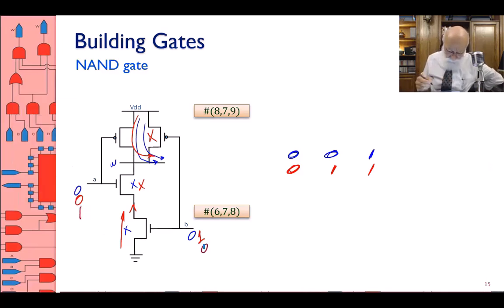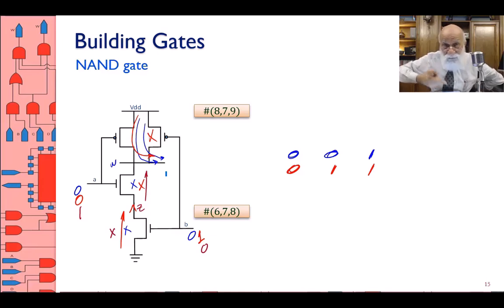I'm going to play the same thing with the other situation, which is 1, 0, a 1 here, a 0 here. This is not conducting, this is conducting. But then what is it conducting? Look at the dark red. The lower transistor is not conducting, so it is pushing a Z over to this point. And then the A transistor is conducting, but that conduction is just taking Z. Remember, Z is nothing.